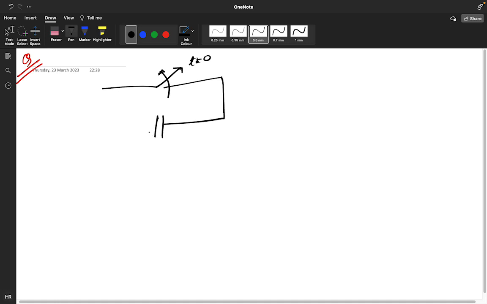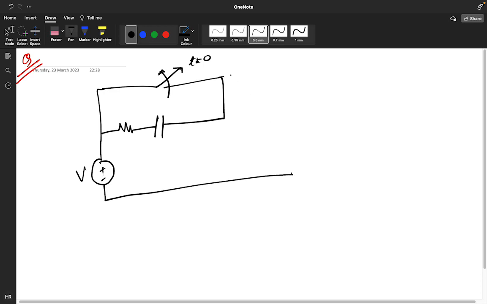This is your capacitor, this is your inductor, this is the positive negative V, and this is the R value, this is the L value, this is your C value, this is your R1 value.